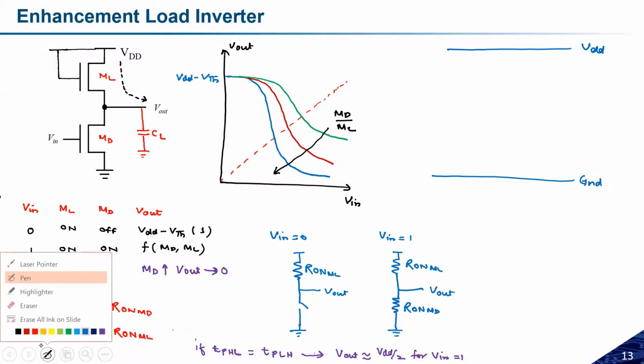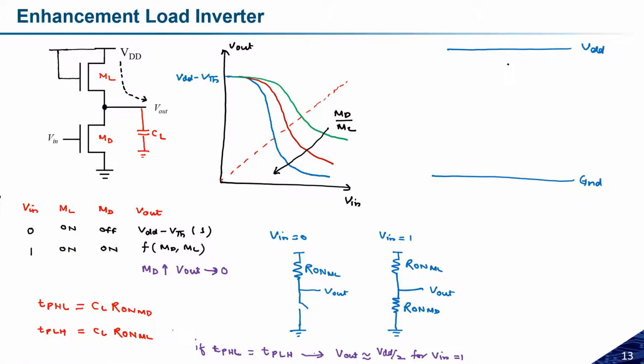Now let us try to make the polysilicon and the diffusion. There will be this one for the ML, similarly we will have this one for MD, and then for the polysilicon we can have a green line. Then I need to connect all these components.